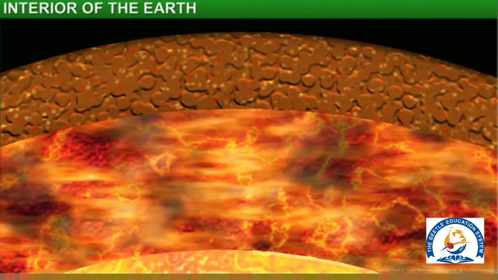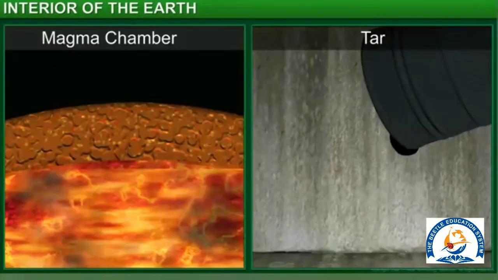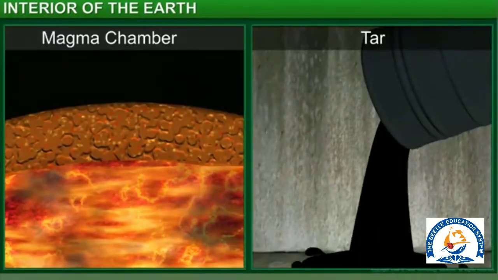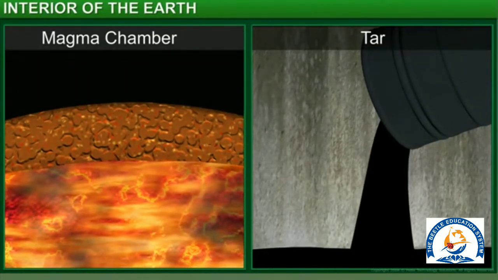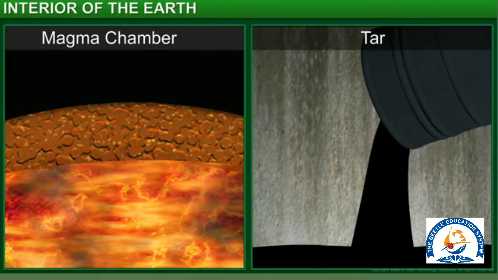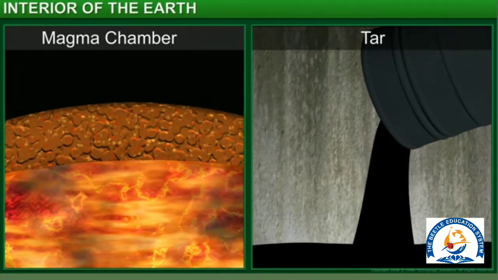This material inside the mantle is more viscous than tar and is known as magma. It is semi-solid and can flow. Magma is contained within the magma chamber.